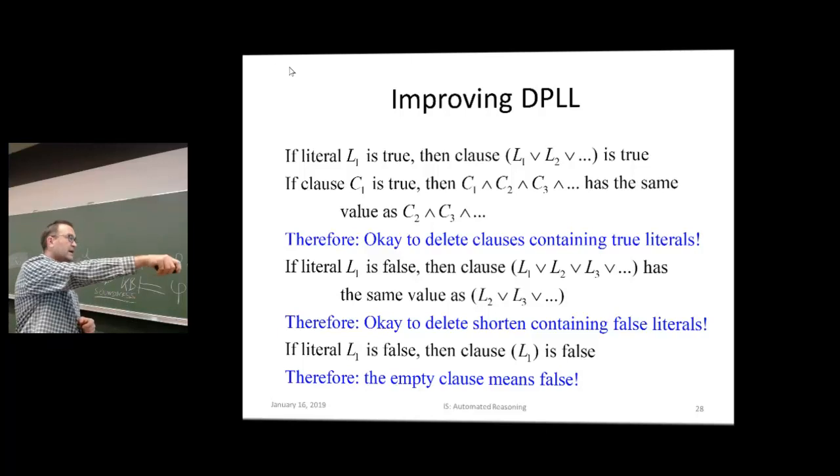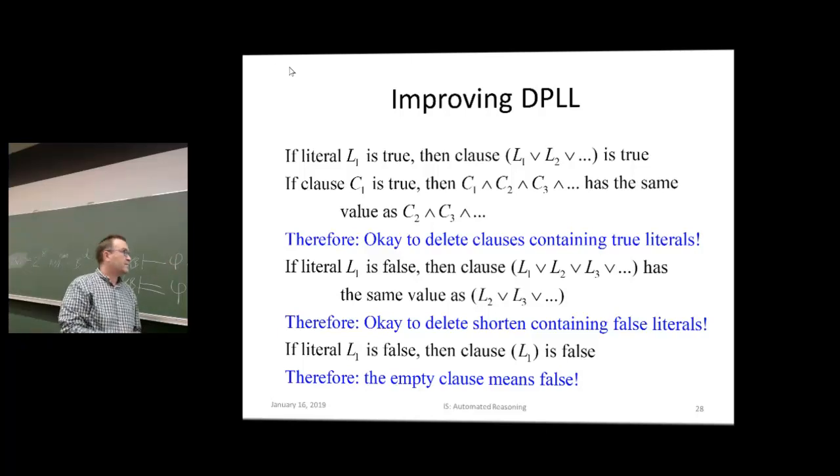And basically, the empty clause means false. That also helps me to get faster to my contradiction. I haven't defined this formally, but I hope you have already understood that, and you remember from earlier courses maybe, that a literal is an atom or a negated atom, and an atom is a proposition in logic.